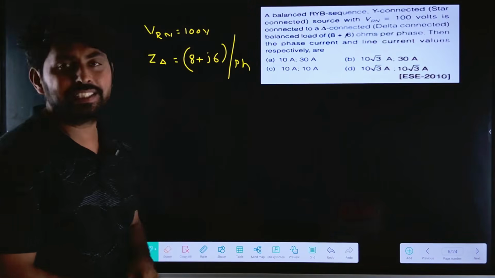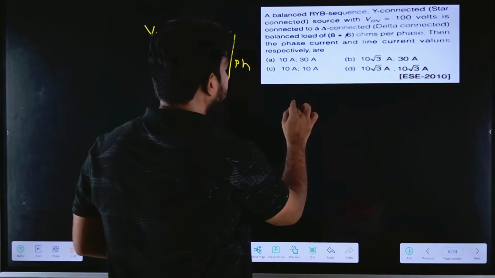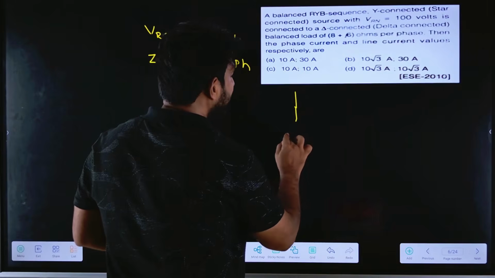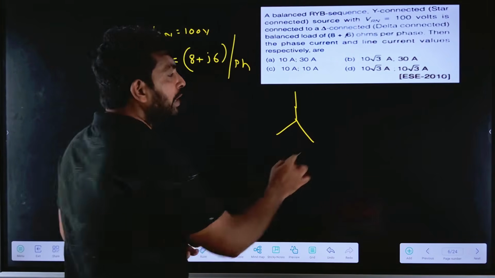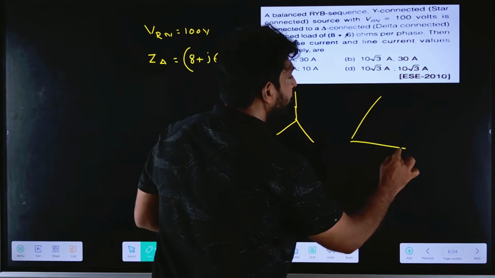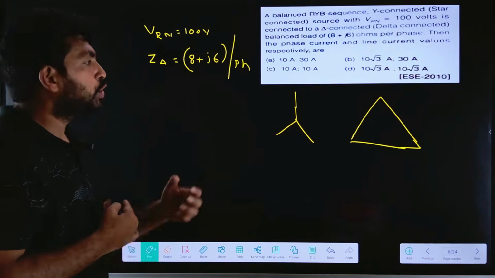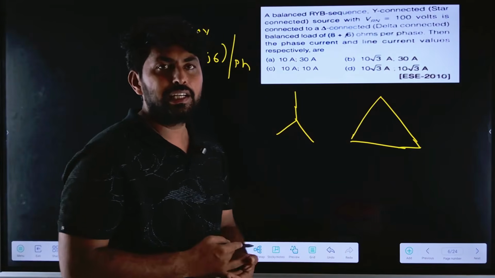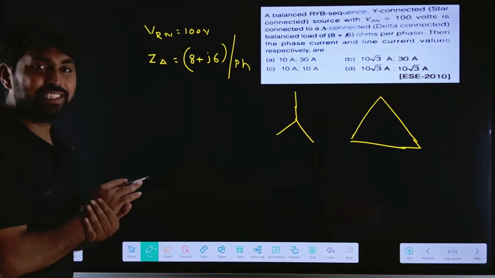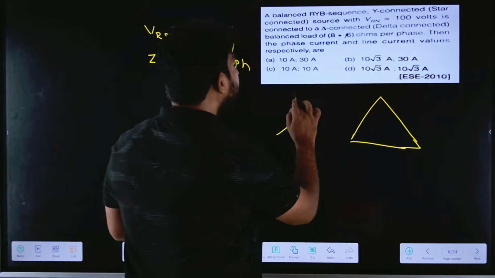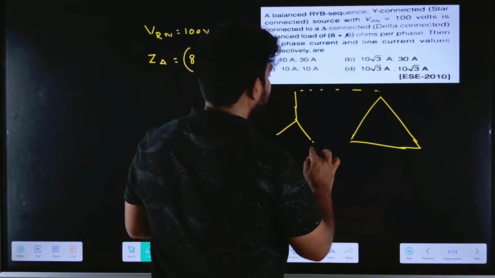So what is this connection? We have the star connected source and the delta connected load, right? In this case, try to use this method, which is very easy. We need to connect like this.